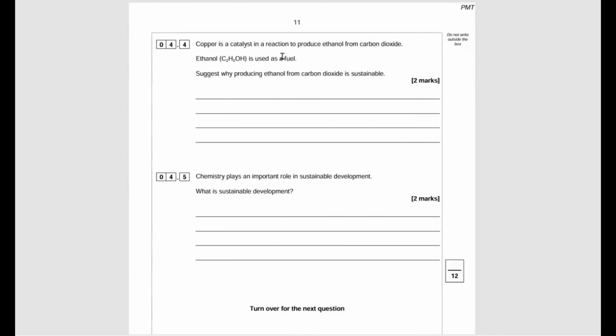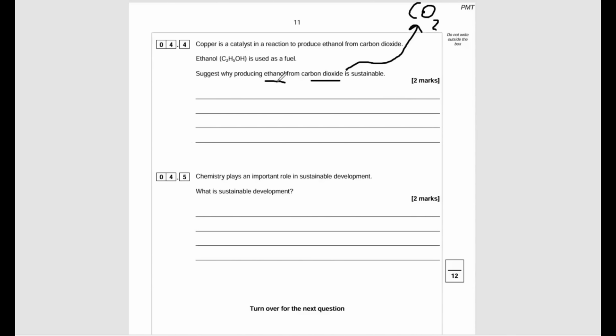Copper is a catalyst in a reaction to produce ethanol from carbon dioxide. Ethanol is used as a fuel. Suggest why producing ethanol from carbon dioxide is sustainable. So we always worry that producing CO2 warms the environment and causes global warming.